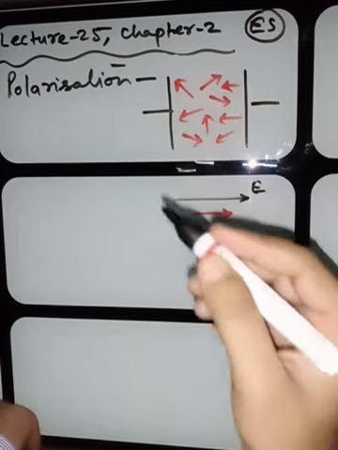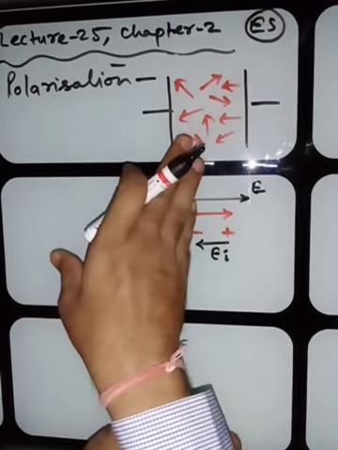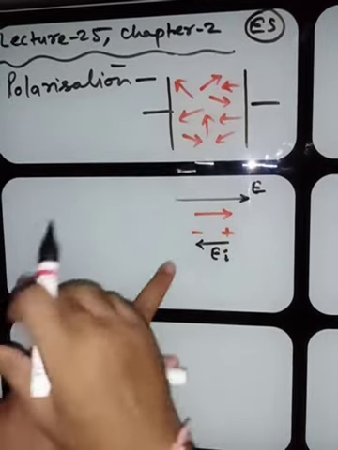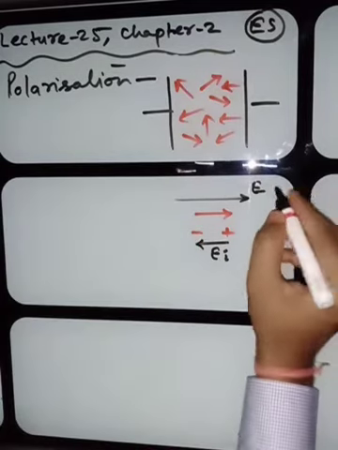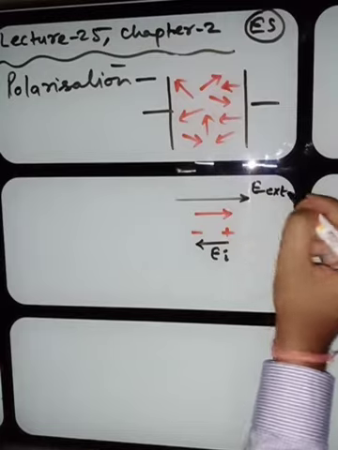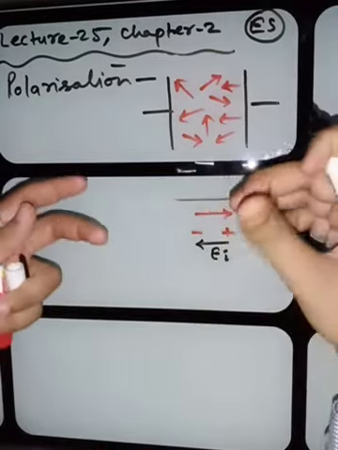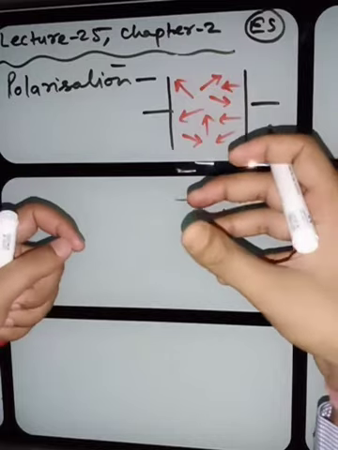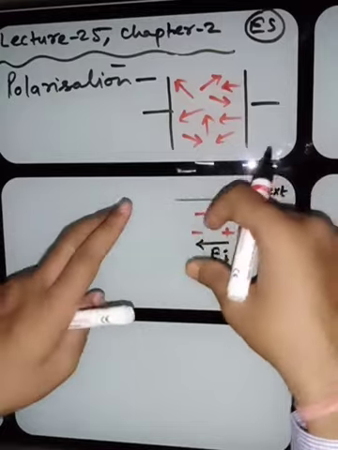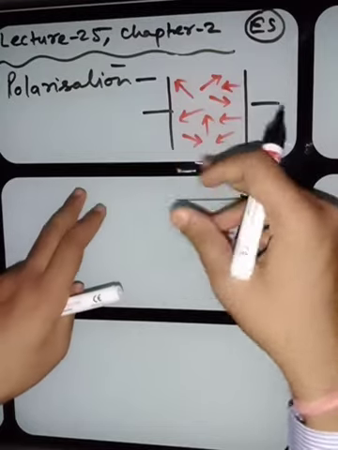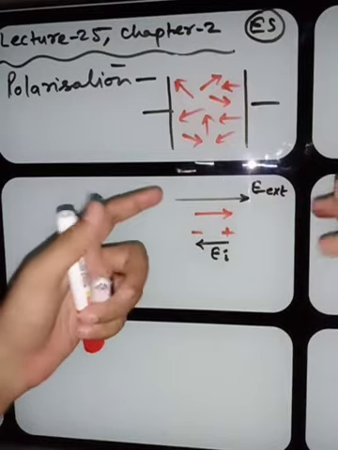So remember the alignment of the dipole moment due to the external electric field. Actually, the alignment of the dipole moments of the permanent, or you can say the induced dipoles, in the direction of the applied electric field is called polarization.